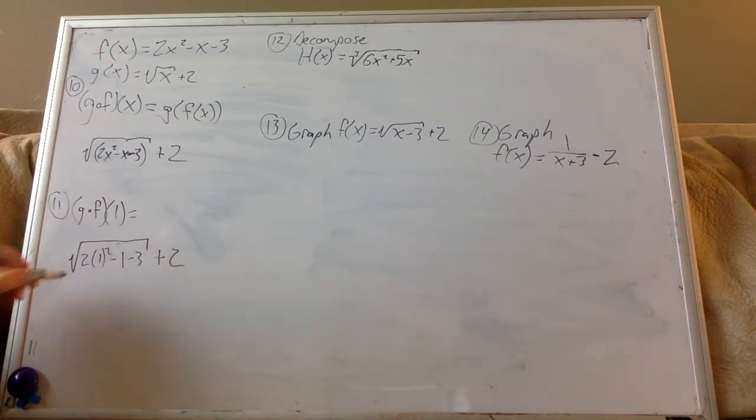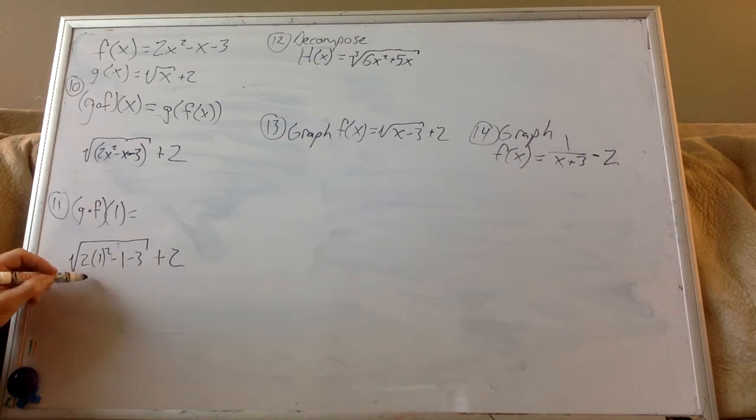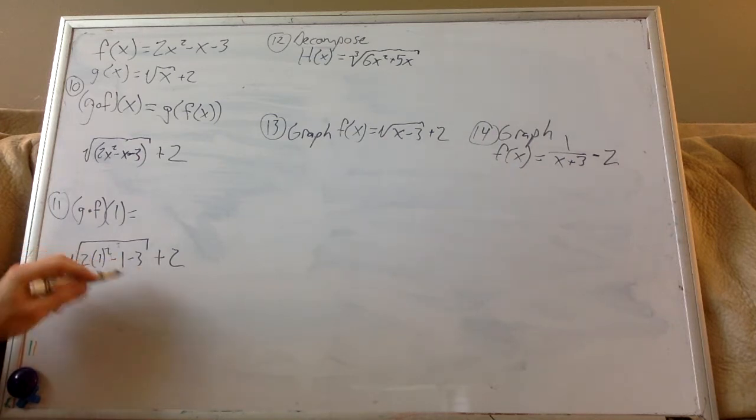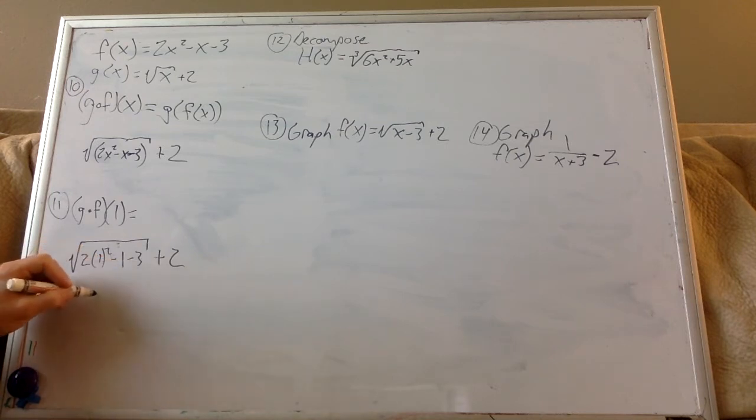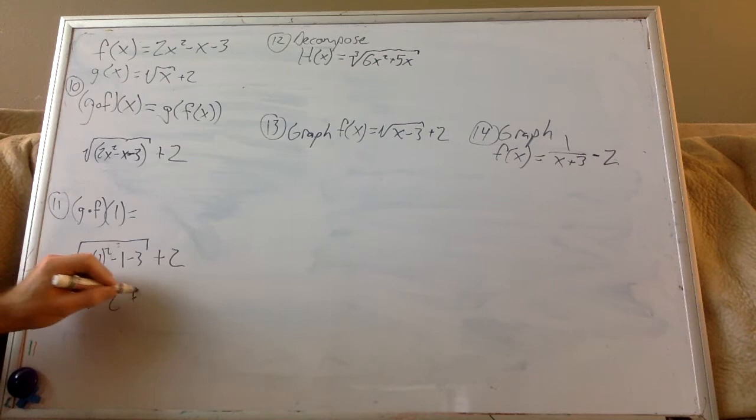And evaluate. So I have 1 squared is 1, and times 2, so that's 2. 2 minus 1 minus 3, or 2 minus 4. So that gives me the square root of negative 2, and then plus 2.